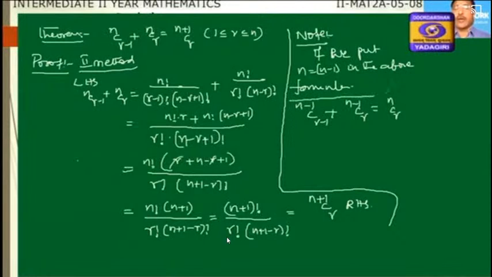So we use this formula in the problems in this way.